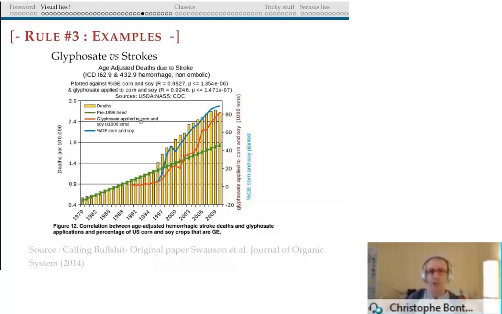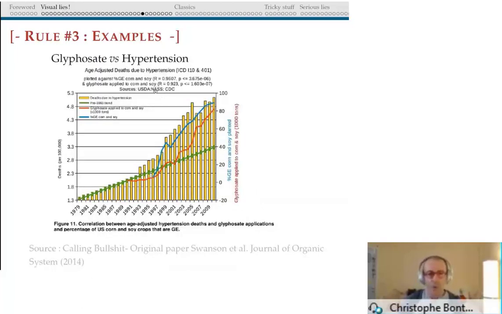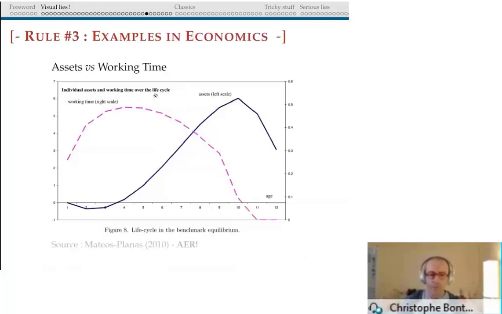Oh yes, hypertension also. I also found an example in the AER, American Economic Review, which is one of the top economic reviews, where you have a double scale. You have the working time, this is age, in a company, and you have the assets on the other graphic with another scale.